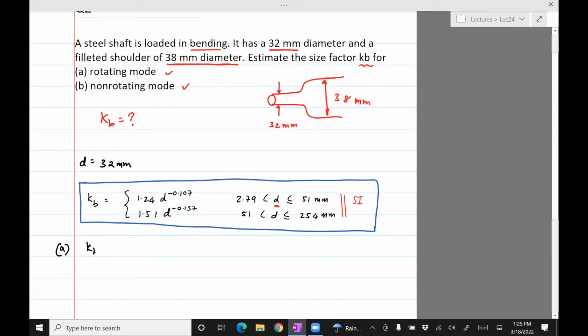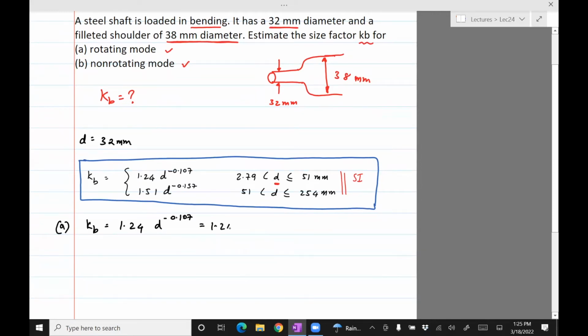A, so this KB is 1.24 D raised to minus 0.107. They are non-dimensional, right?